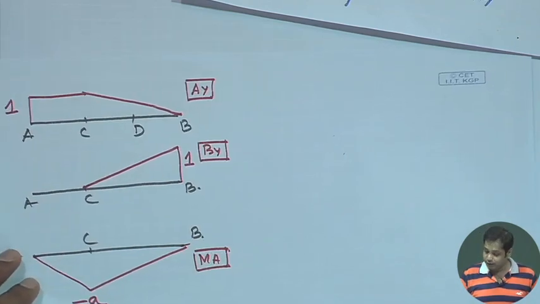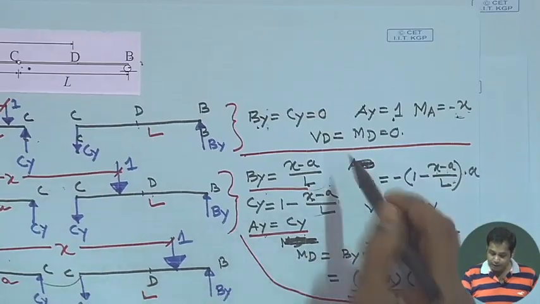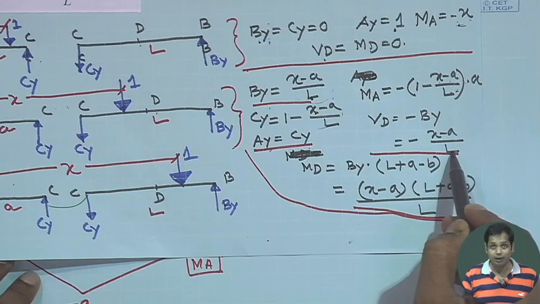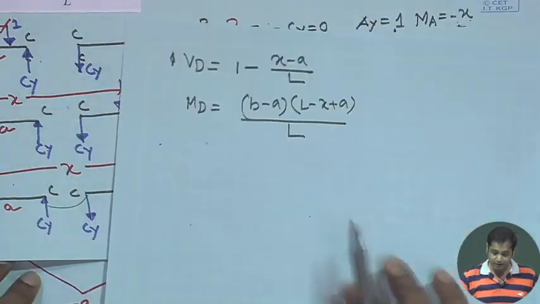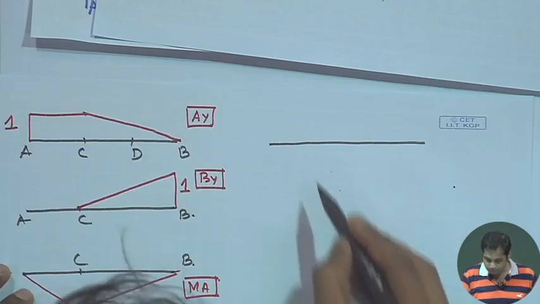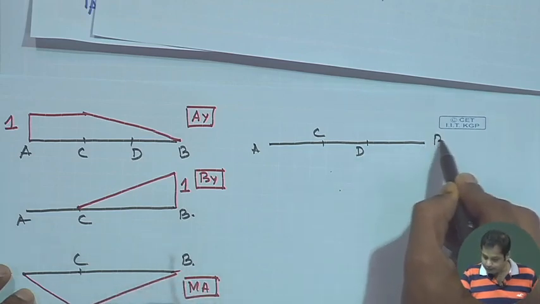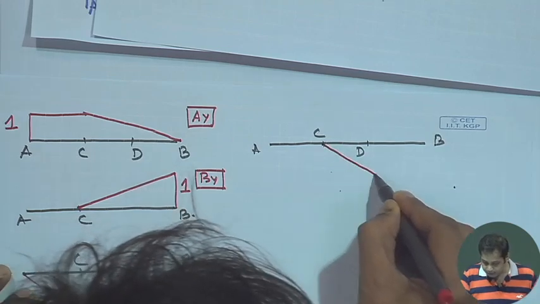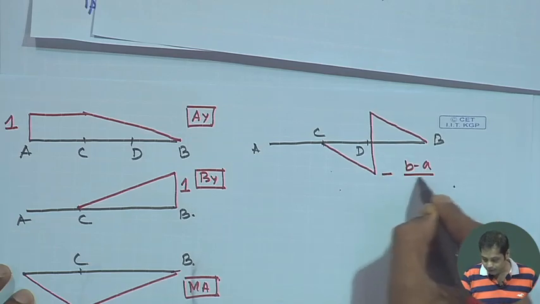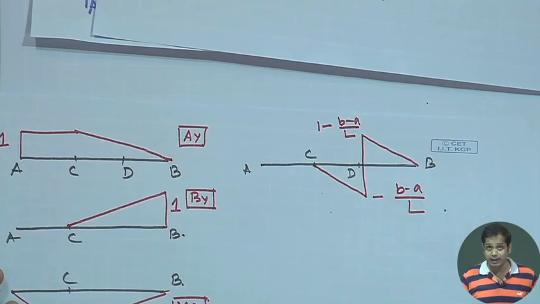Similarly, let us draw the influence line for shear force at D and bending moment at D. Now, shear force at D when the load is between A and C is equal to 0, shear force at D varies like this when the load is between C and D, and shear force at D varies like this when the load is between D and B. And if you draw them, this is A, this is C, this is D, this is B. The expression you will get is this, and this value is minus (B minus A) by L, and this value is 1 minus (B minus A) by L. Another important check is the absolute value.